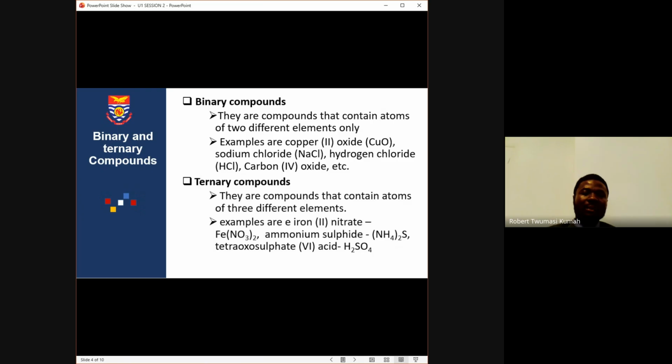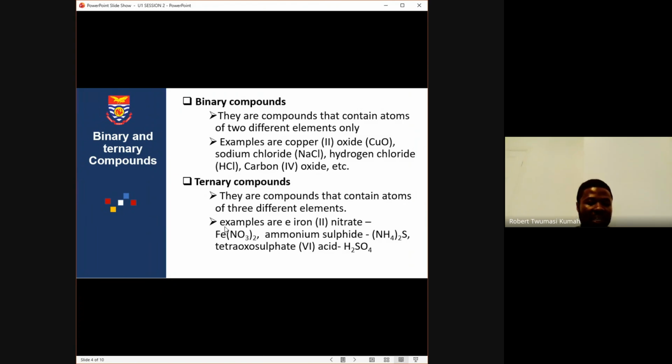And if it's a ternary, then it means that the compound contains atoms of 3 different elements. So we have some examples there, like iron nitrates. If we look at it, we have iron, we have nitrogen, and then we have oxygen.